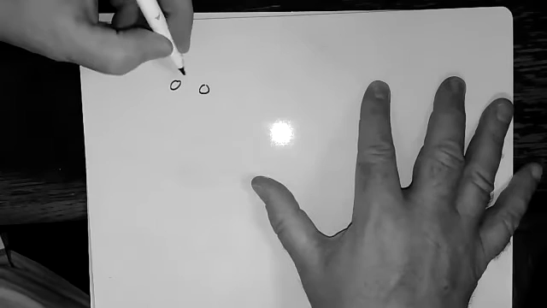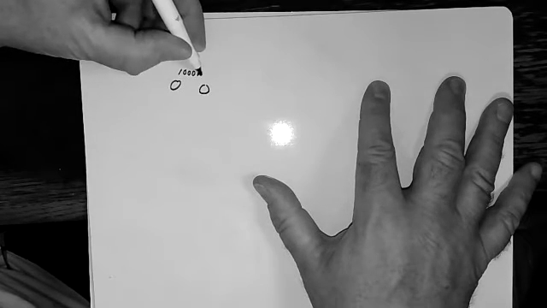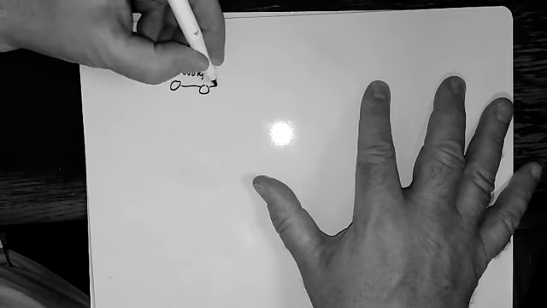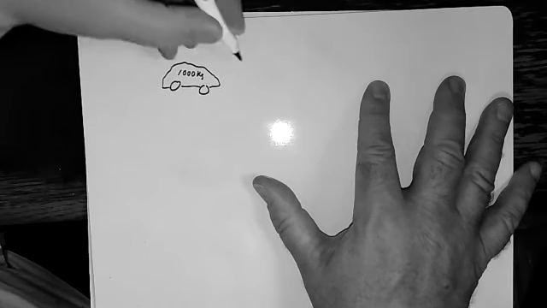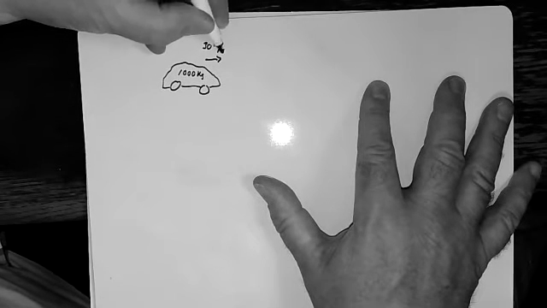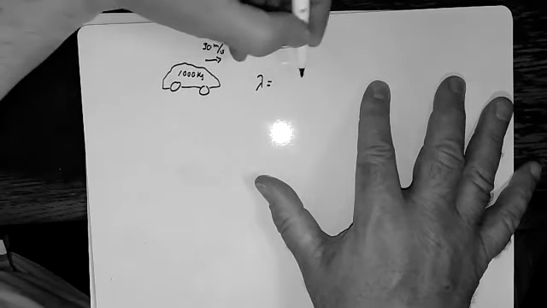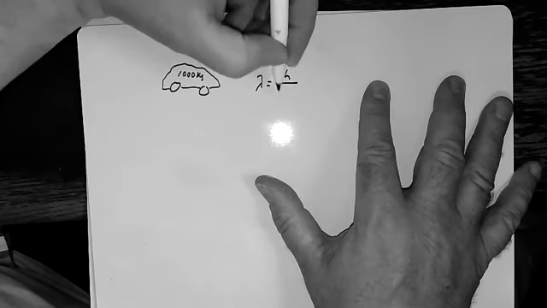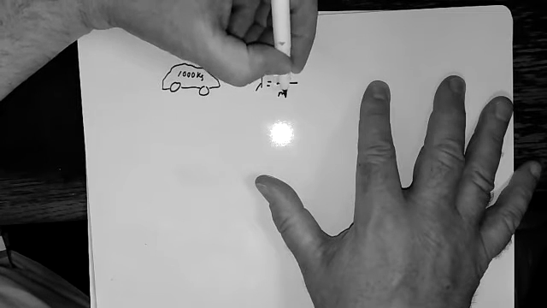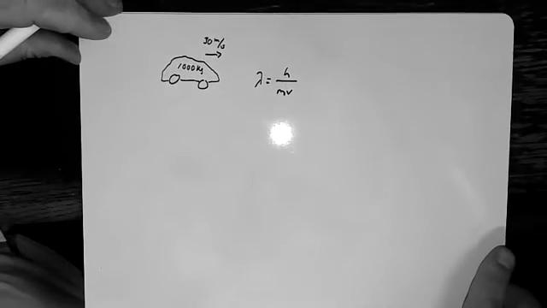Okay. The car, and we'll give the car a small car, so 1,000 kilograms. Beep, beep. And it's going at 30 meters per second. And find its wavelength. So wavelength equals Planck's constant over momentum, which is mass times velocity. Okay, go ahead. Let's see if you can do this.